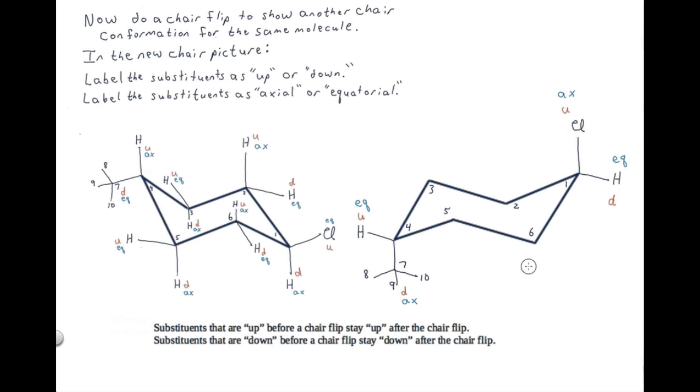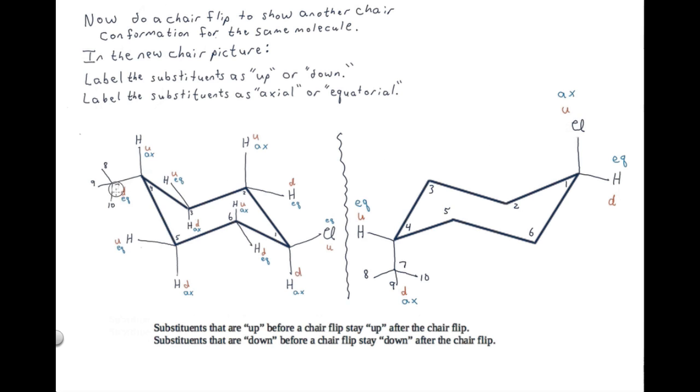Now, something that's very important to notice is that the chair flip does not change the up-down orientations. Things that were up before the chair flip stay up after the chair flip. But did you notice that doing the chair flip does change the axial and equatorial arrangements? Notice that the chlorine was equatorial before the chair flip, and the chlorine changed to axial after the chair flip.